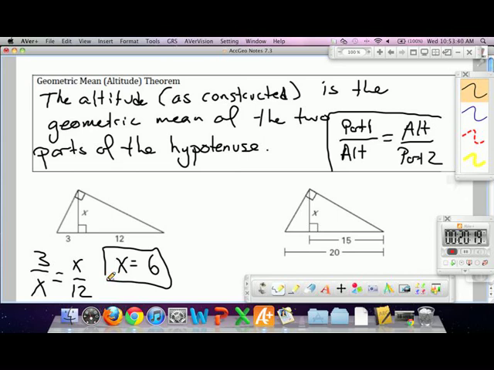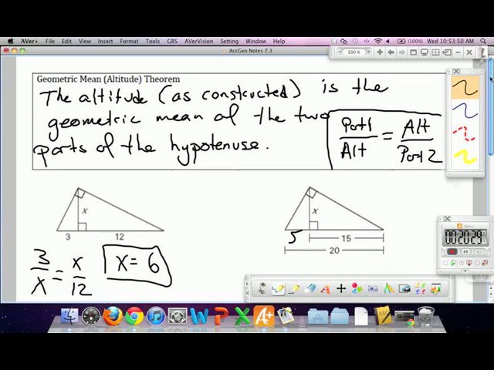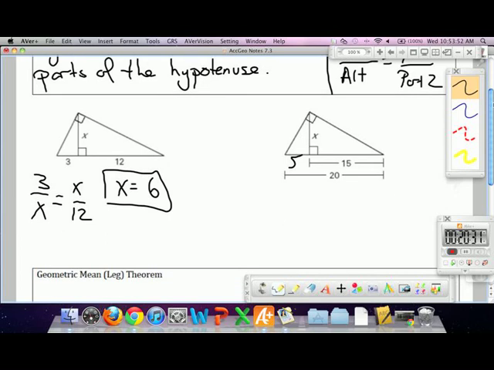So using this theorem, rather than redrawing all those right triangles, I could say that part is to altitude as altitude is to other part. So x is root 75, which is 5 root 3.